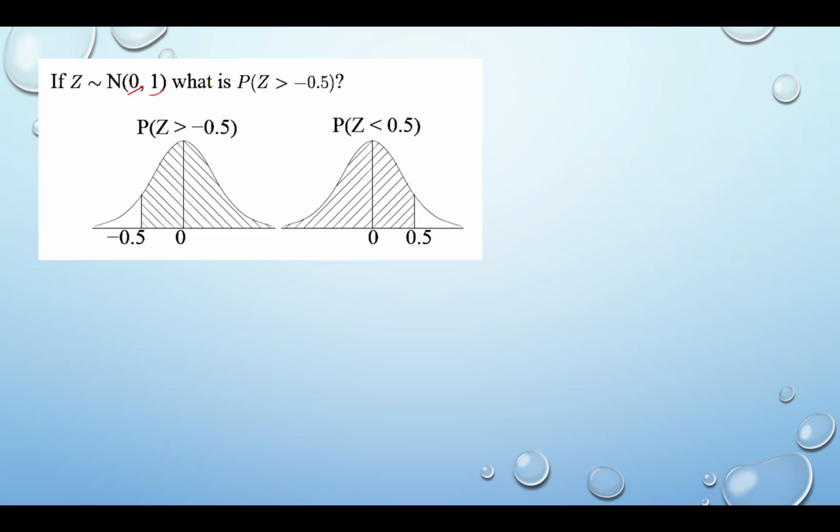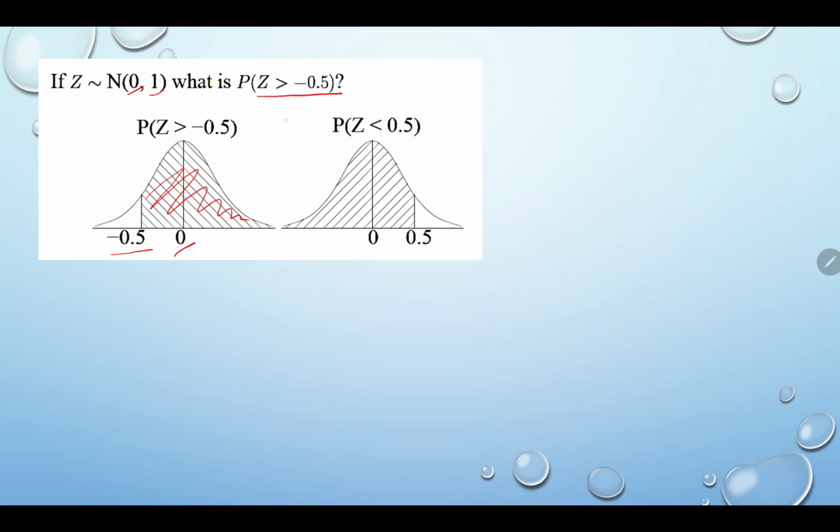If we illustrate that in a normal curve, our mean is 0. Ayan siya, nasa gitna niya is 0. So our negative 0.5 will be on the left side of 0. The question is the probability greater than negative 0.5, so we shade this part.